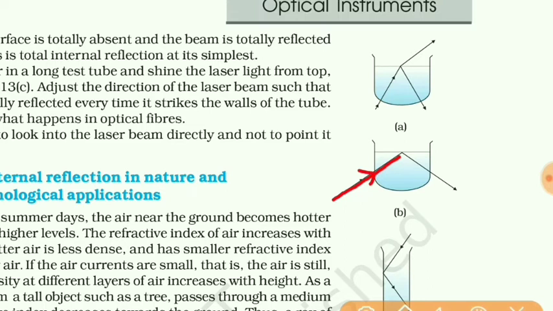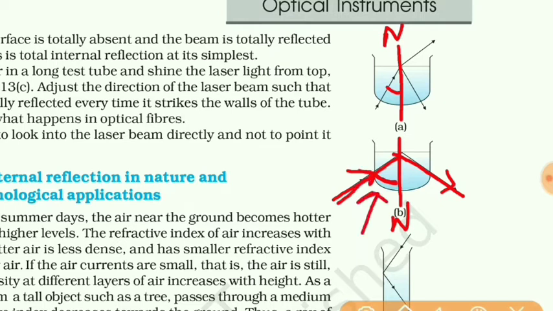In the earlier case, figure A, the angle of incidence was this, because this is the normal. Now if I draw this normal, the angle of incidence is greater, and it is greater than the critical angle. So in that case the ray of light does not refract, it gets reflected from the line separating the two mediums. So this angle of incidence must be greater than the critical angle.